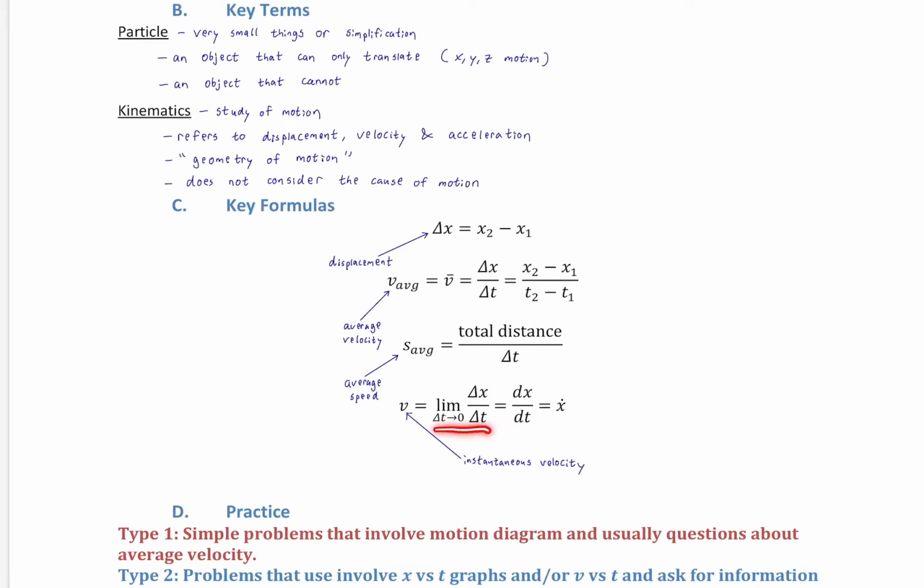It is the limit of average velocity where the time elapsed approaches 0. This gives us the limit definition of the derivative. So this is the derivative. So this is displacement.